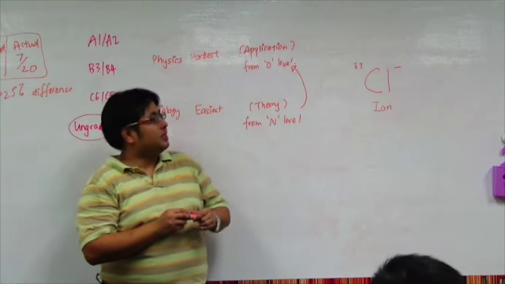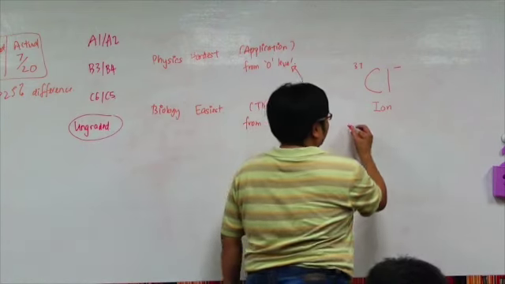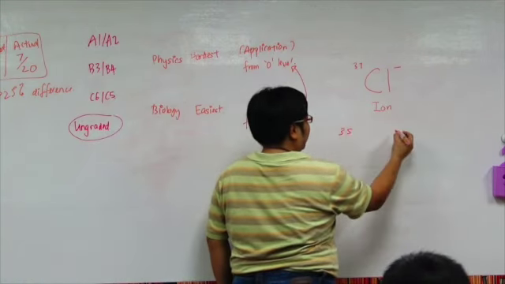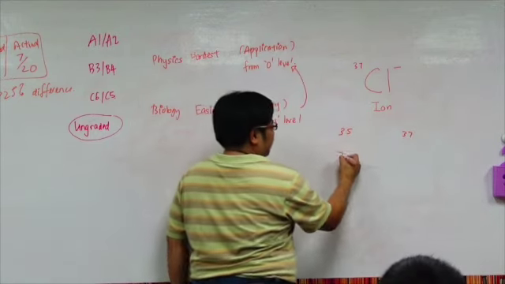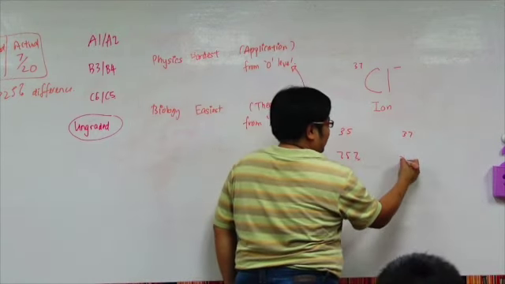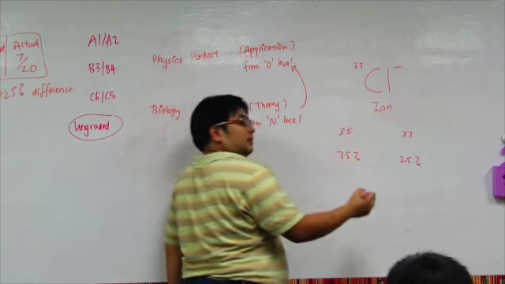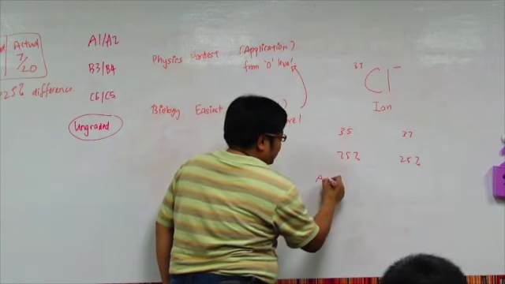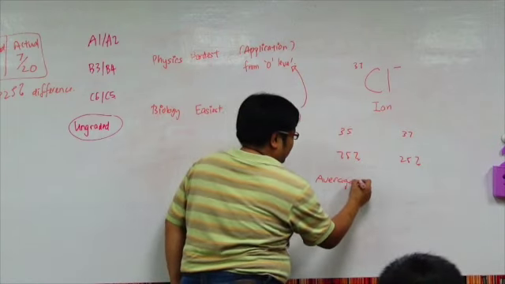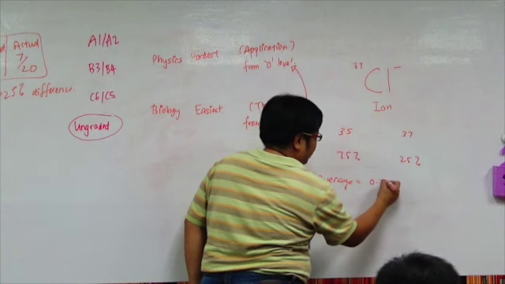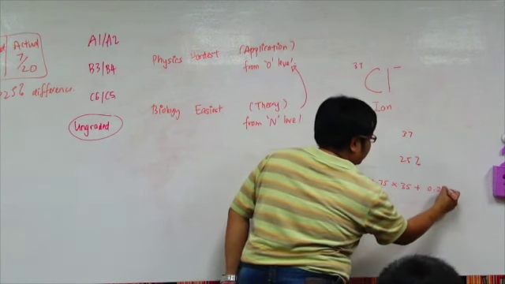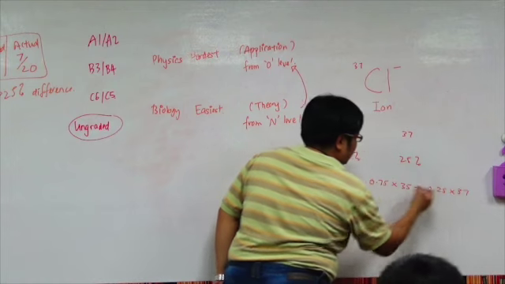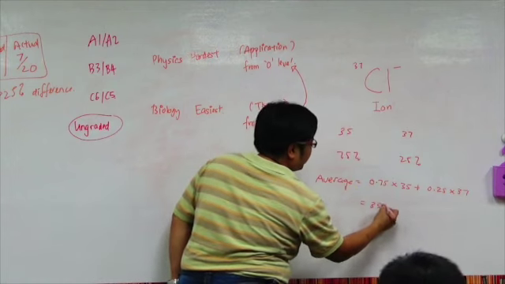There is no 36. In nature they only found that chlorine has two types, 35 and 37. And they found out that 75% is 35 and 25% is 37. So when they find the average, they use 0.75 times 35, plus 0.25 times 37. That's why the average is 35.5.